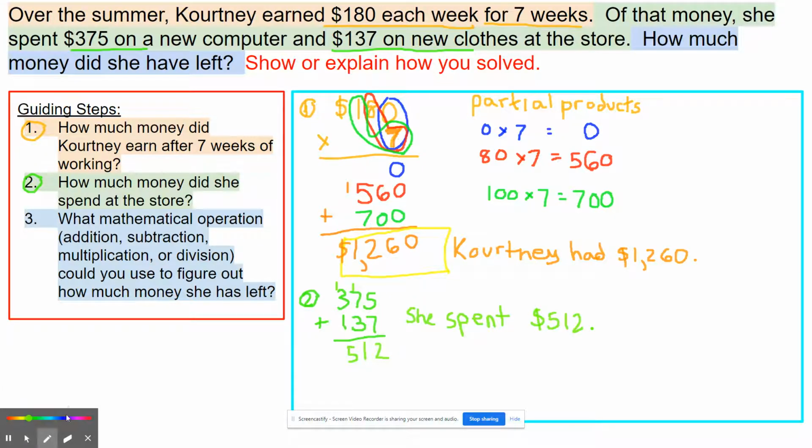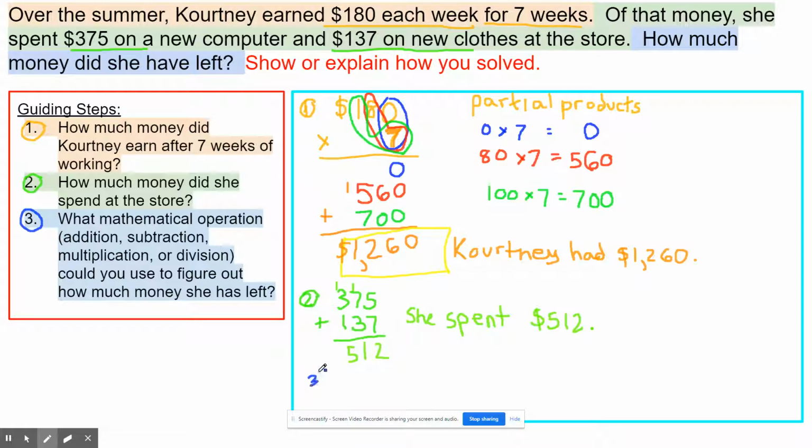All right, and so with that, we are ready to go on to step 3, the blue highlight now, which is going to answer how much money she had left. The thing to consider here is what mathematical operation we could use to figure out how much money she has left after going to the store.